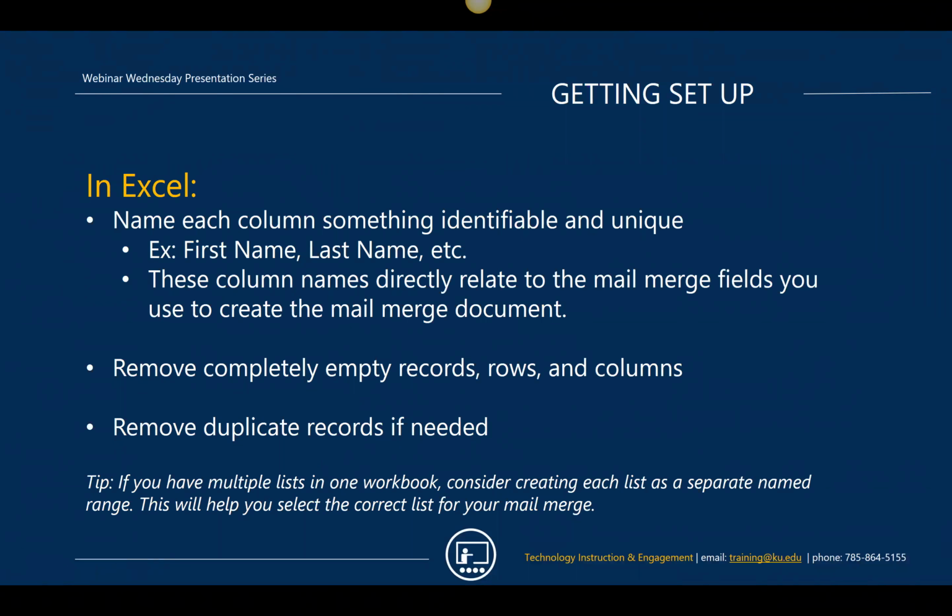Okay, so I want to talk about getting yourself set up before you even start creating these mail merge files. And the first place to start with this is actually in Excel. So you'll open up your list of items, the list of addresses that you have, the list of students that you have, employees that you have, etc. You're going to want to make sure that each column has a column heading, and that your column title is something that makes sense to you and is easy to identify the content in that column, and that it's unique.